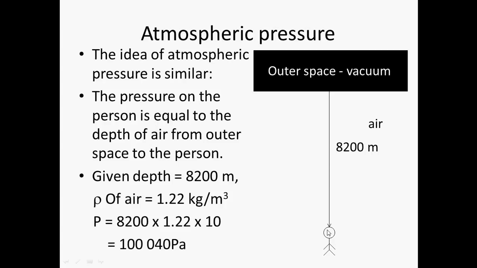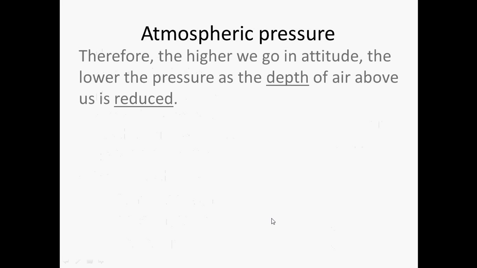In the same way, if you rise up in altitude, as you climb higher, your pressure will decrease because your H decreases. To summarize, the higher we go in altitude, the lower the pressure, as the depth of air above us is reduced.